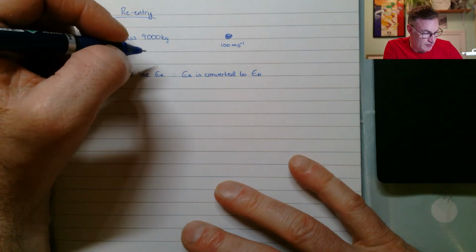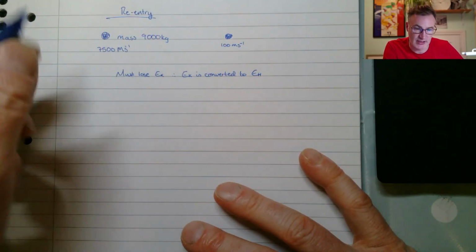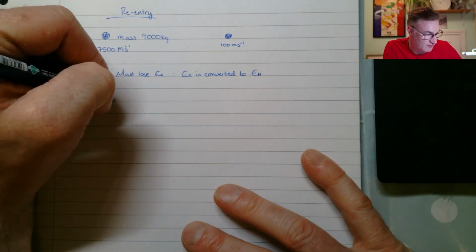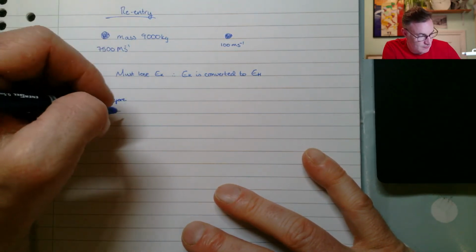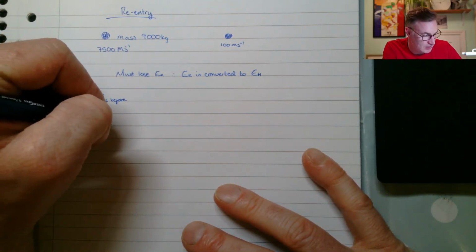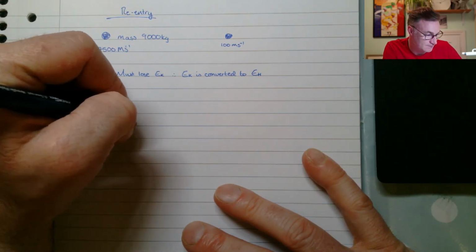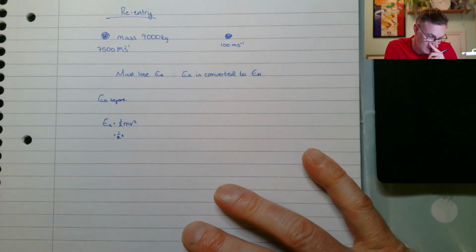From this point, we can work out the initial kinetic energy. So EK before. EK is equal to half mv squared, half times 9,000.